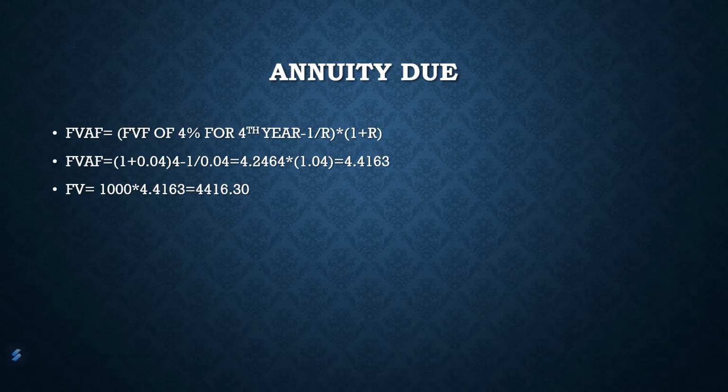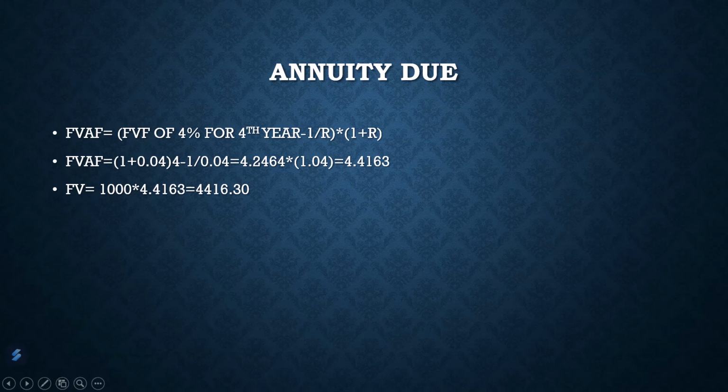So, future value factor for the fourth year minus 1 divided by R. It will be done by 1.04 raised to 4, which is the future value factor of 4% for the fourth year, minus 1, divided by 0.04. So here is the answer, which is 4.2464. It is the future value annuity factor of annuity regular.